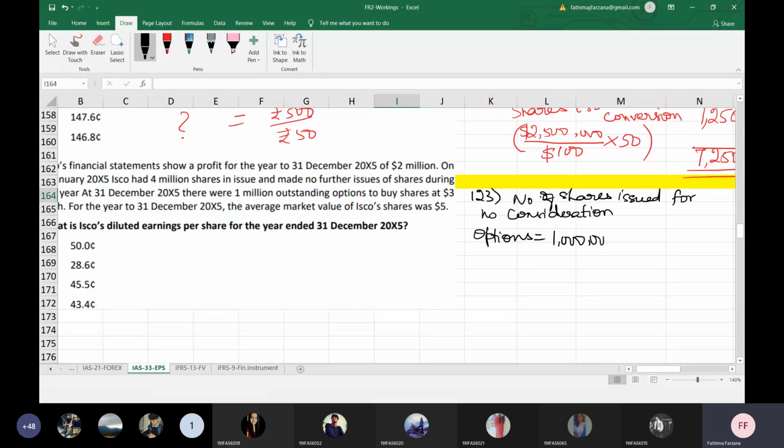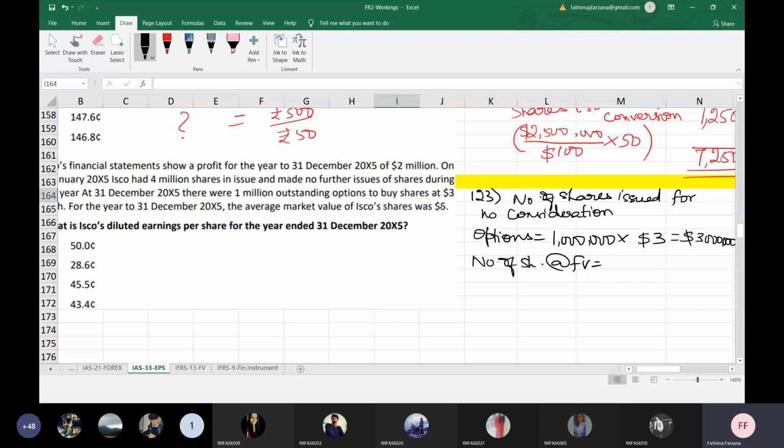What is the value of each option? $3. So into 3. I'm having an option to buy for 3 million. Now the number of shares at fair value, just find out how much I can buy.